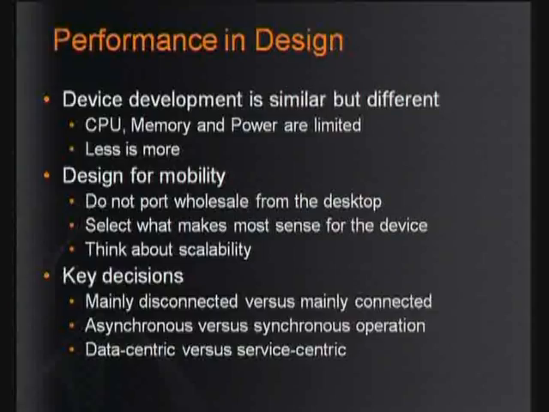We don't have CPUs that run at the same speeds. We don't have as much memory. In fact, the memory model is very different. Rather than having 4 gigs of address space with 2 gigs for you to play with, we have effectively a 32 megabyte slot for your application and a further 32 megabytes for system DLLs.